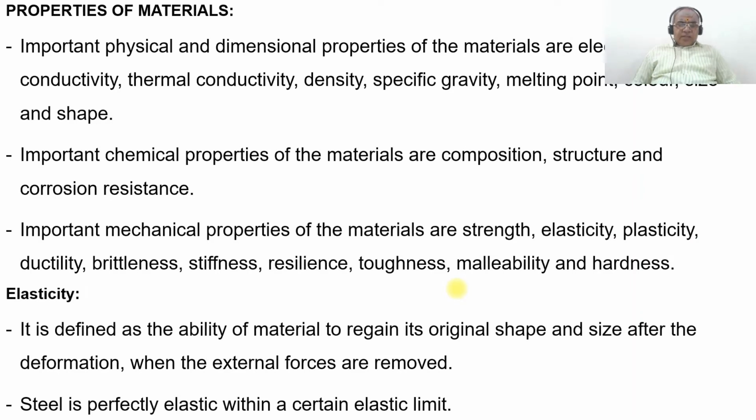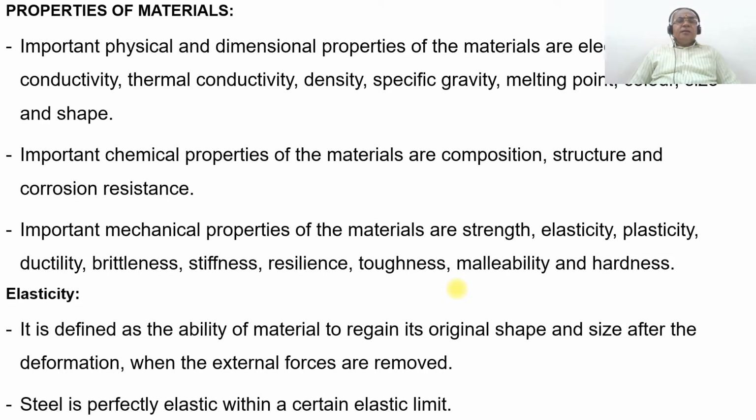Now the next point is we need to consider the properties of the material. The important properties are physical and dimensional properties, such as electrical conductivity, thermal conductivity, density, specific gravity, melting point, color, size, and shape.